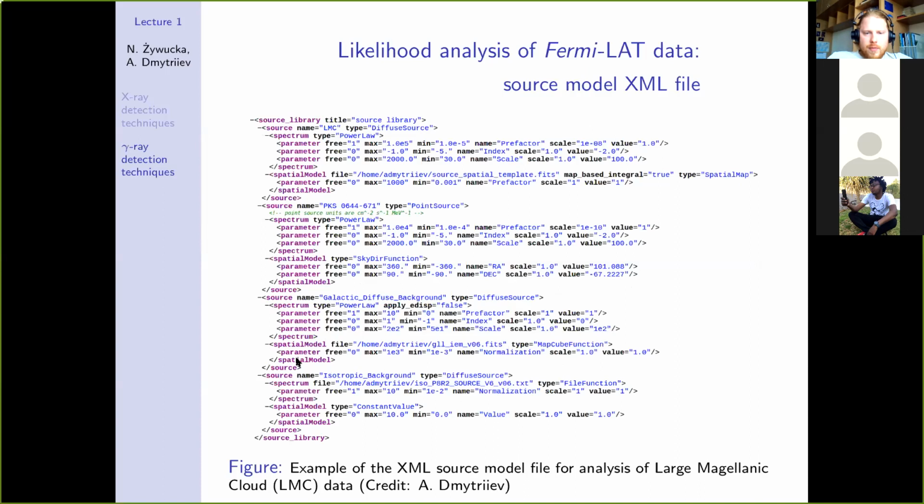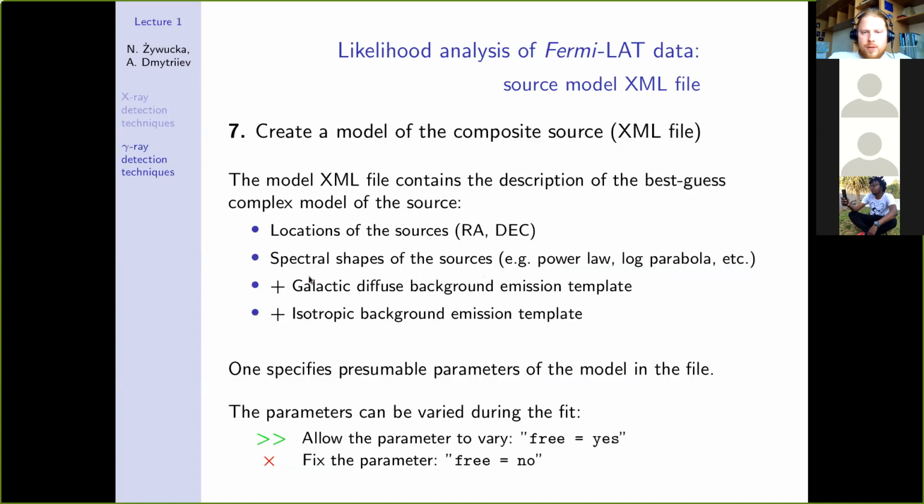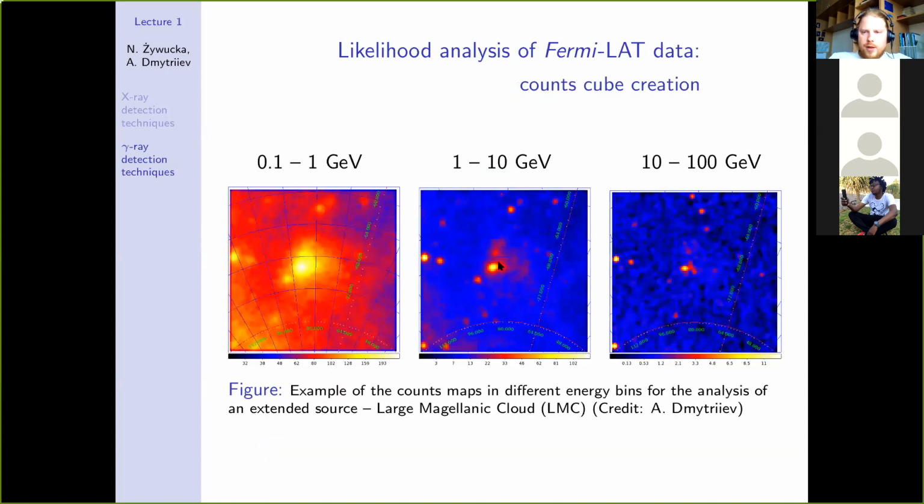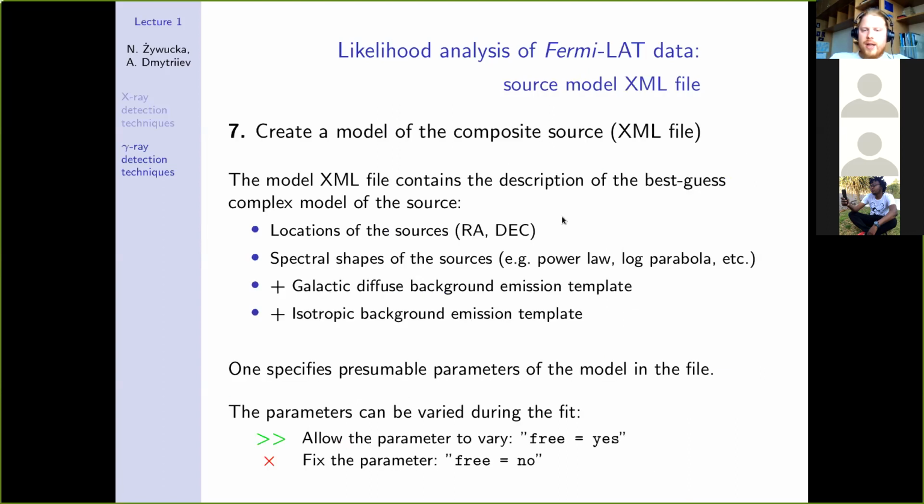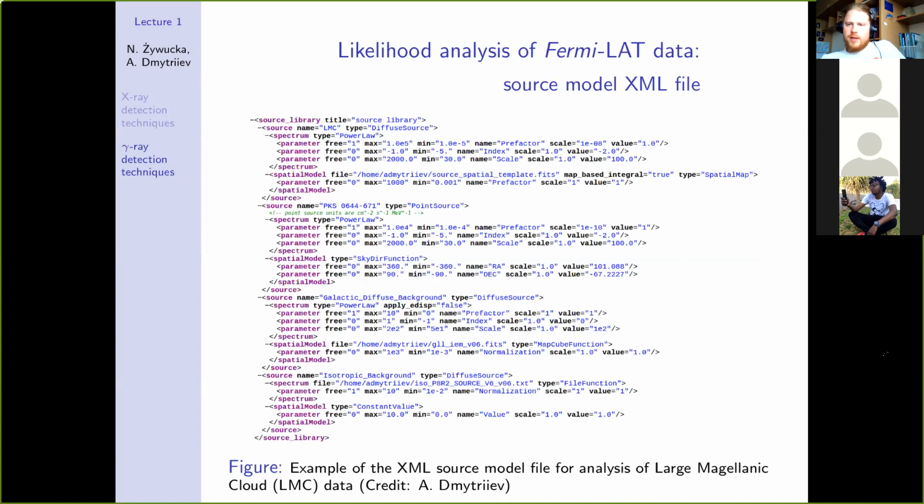This is my model for the LMC, with the only difference that, to make it shorter and not confuse you, I included only one point source. I threw away several other point sources for the sake of simplicity. Here we have our main source, which we want to learn about: the Large Magellanic Cloud, LMC, a diffuse source.